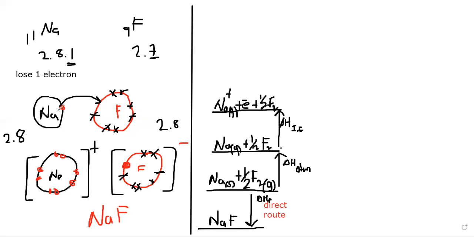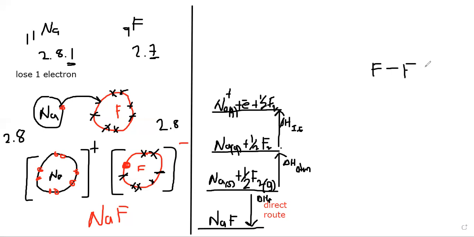The sodium atom is transferring the electron to a fluorine atom, not a fluorine molecule. Even though you have the half in front, remember the half was just to balance the reaction here. It is still F2. That's a molecule of fluorine.